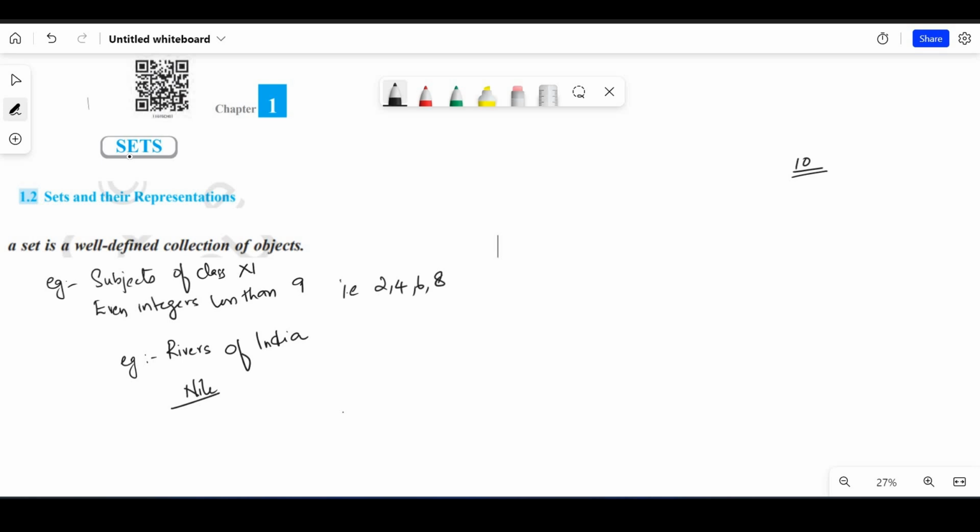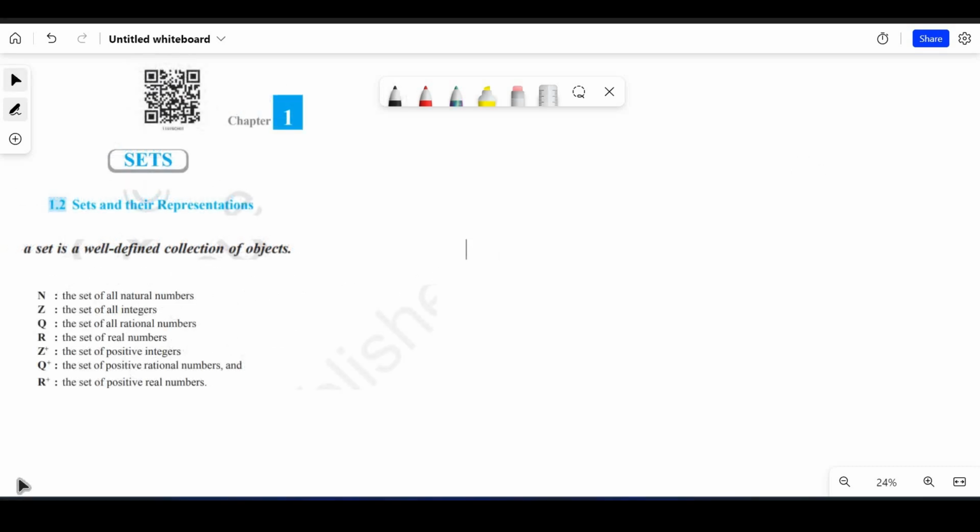So that is what is known as a set. A set is a well-defined collection of objects where we can definitely decide whether a particular object belongs to that set or not. These are some of the sets that are particularly used in mathematics, and you can find all these sets widely used in this chapter.